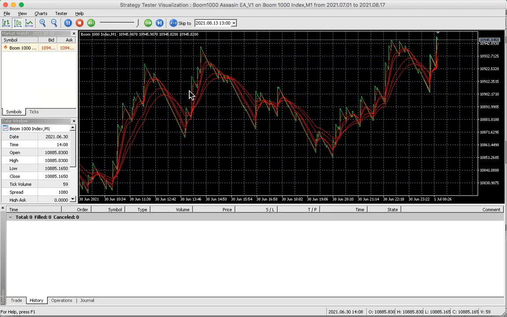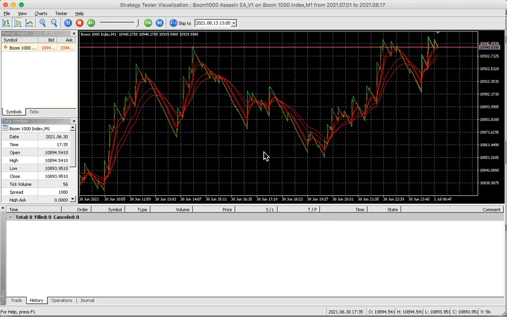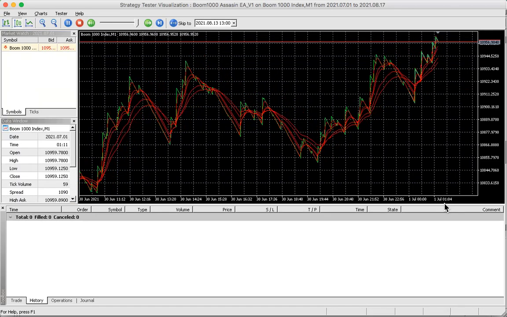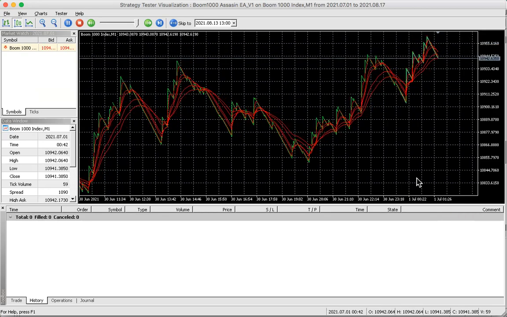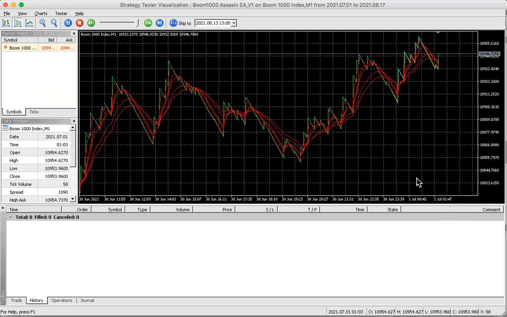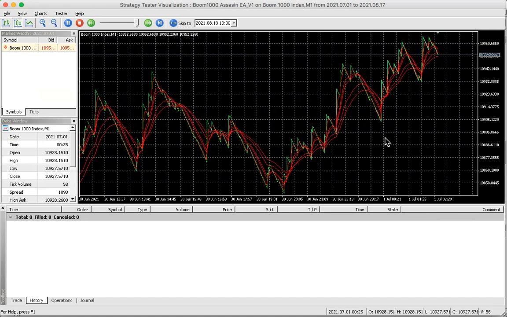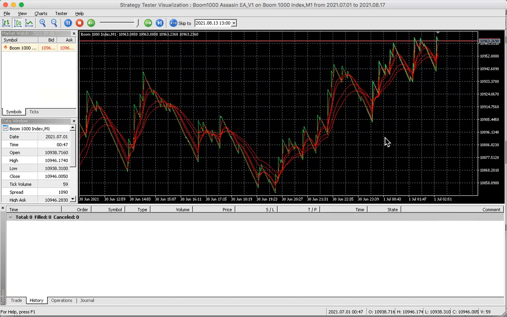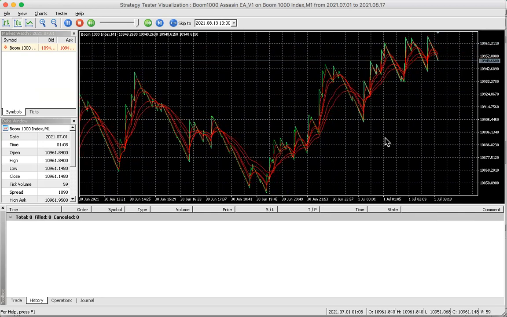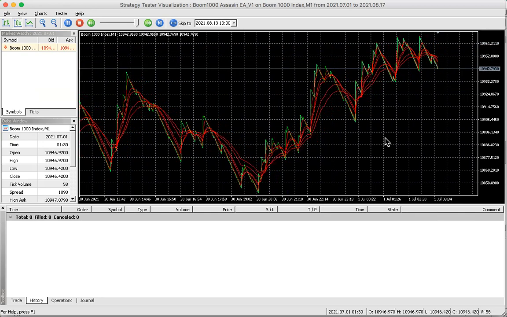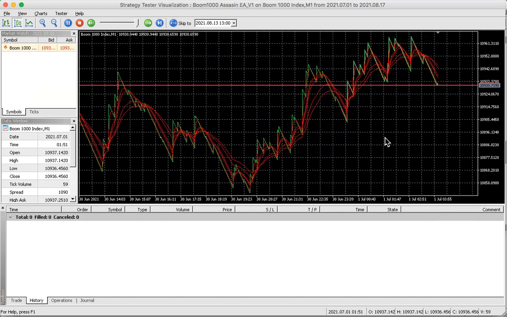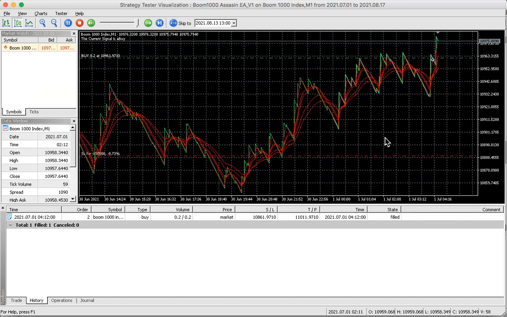Right, so this is the 1st of July. And we are not sure if there's any confirmation there. There is no confirmation, so the EA is not trading. It's not trading against the spikes. It just trades for the spikes, like there.